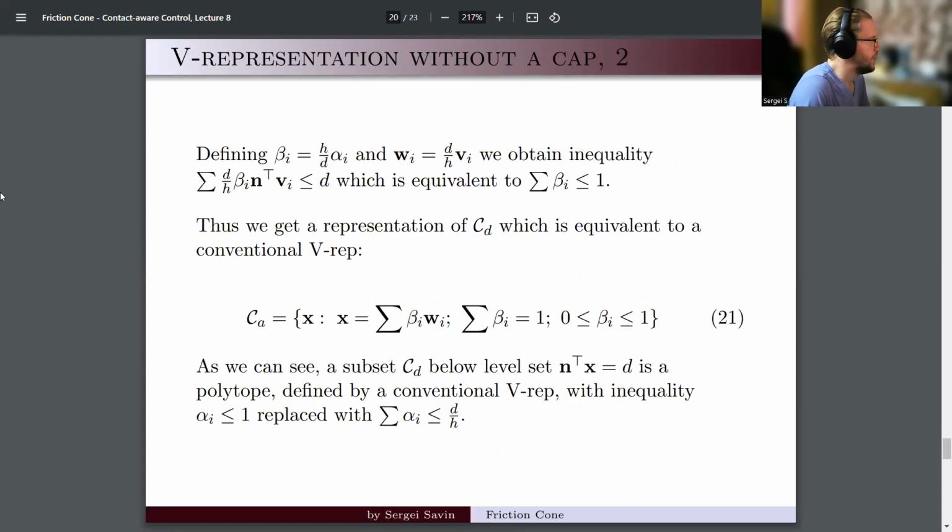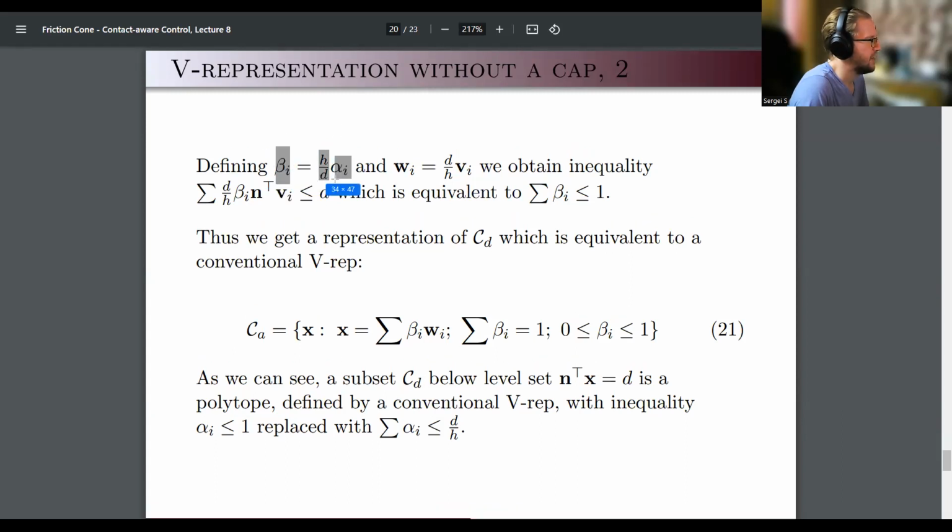Now we can define a new variable, beta i, which would be h divided by d times alpha i. And we can define new vertices, double V i, which is d divided by h, the inverse of this, notice that they are opposite of each other, times V i. So we obtain this inequality. Where do we get it from?